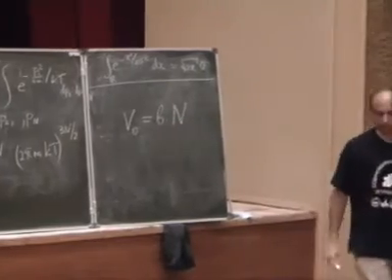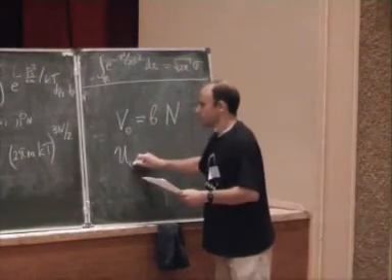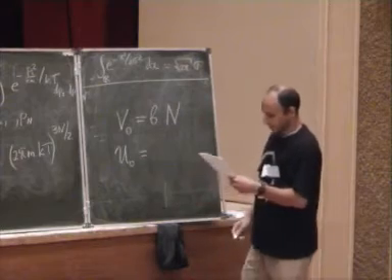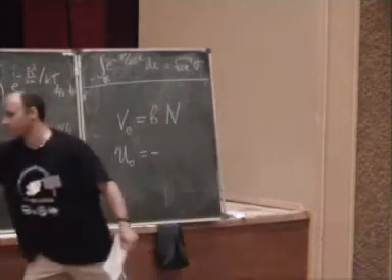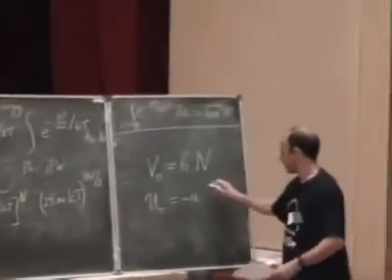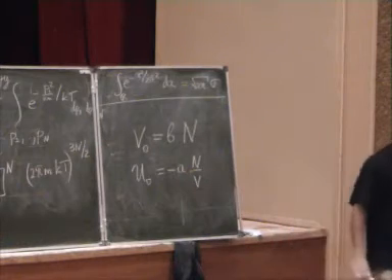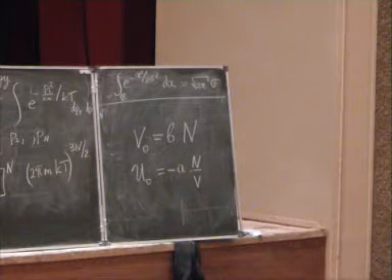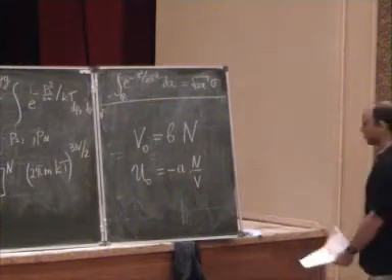B is the volume occupied by one particle, and U0 is a negative energy, as you can see here, minus A times n over V. So n over V is the density, and this is the attractive potential, so it depends on the density of the particles.